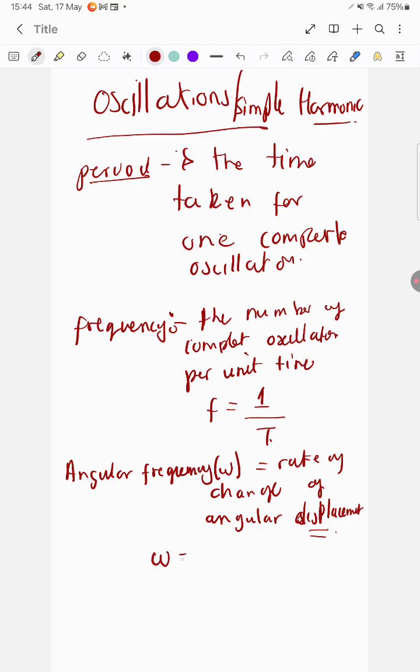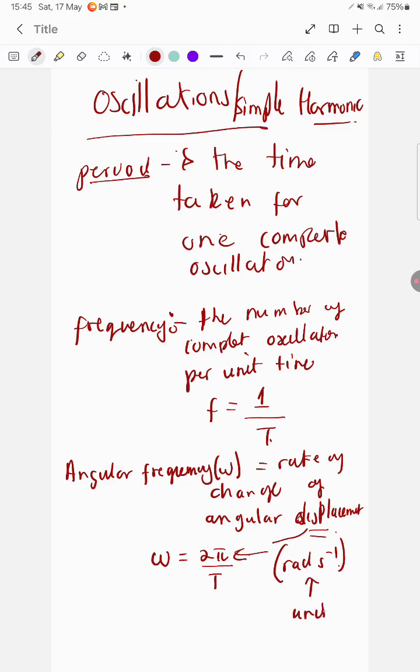So I could calculate omega as 2 pi over T, right? 2 pi is a complete circle, where before maybe you might have used 360, and T is the time for a complete rotation. So this displacement is measured in radians, so the units would be rad s minus 1, okay?